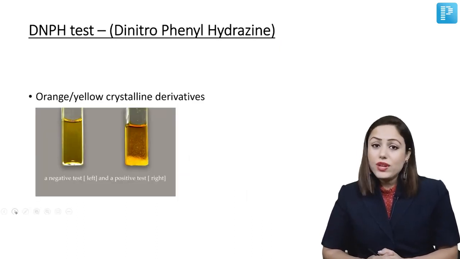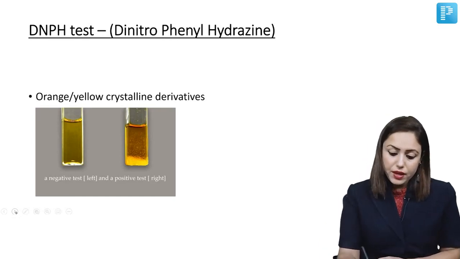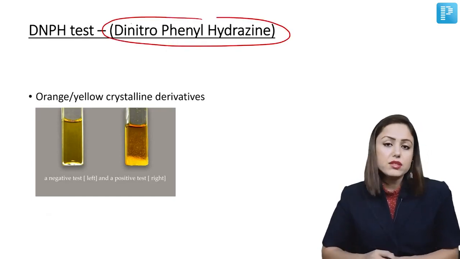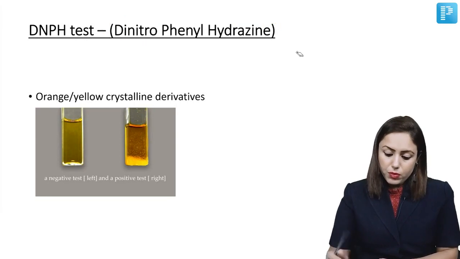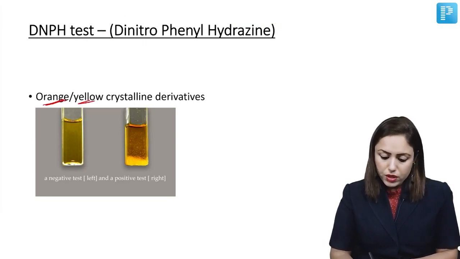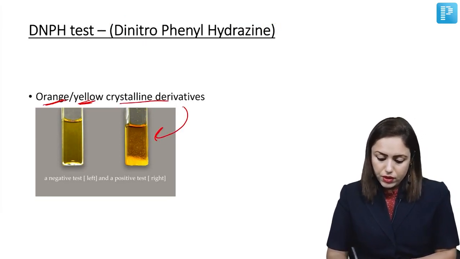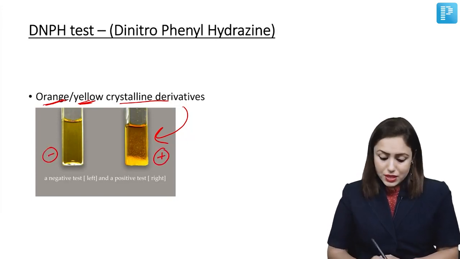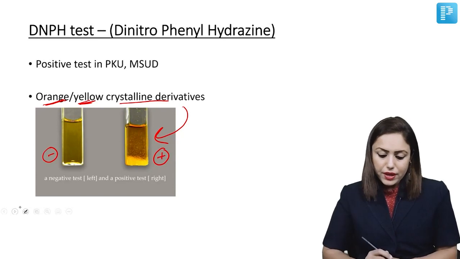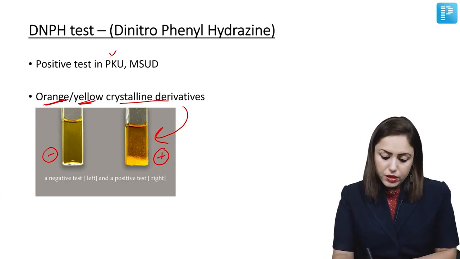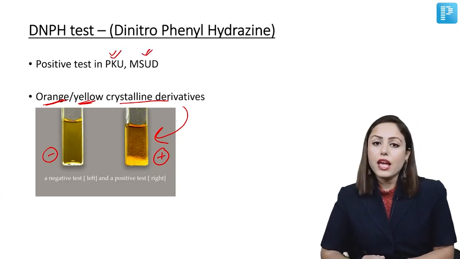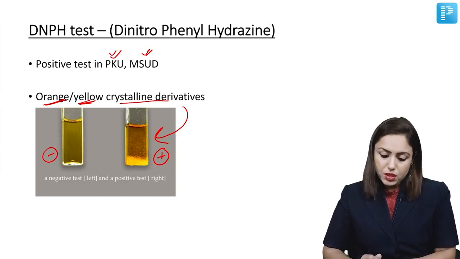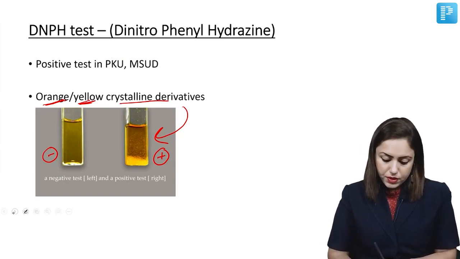Then next, coming to DNPH test, dinitrophenylhydrazine test, where the positive reaction is orange or yellow crystalline derivatives. So this is positive, this is negative. This test is done for the diagnosis of phenylketonuria and MSUD, maple syrup urine disease.